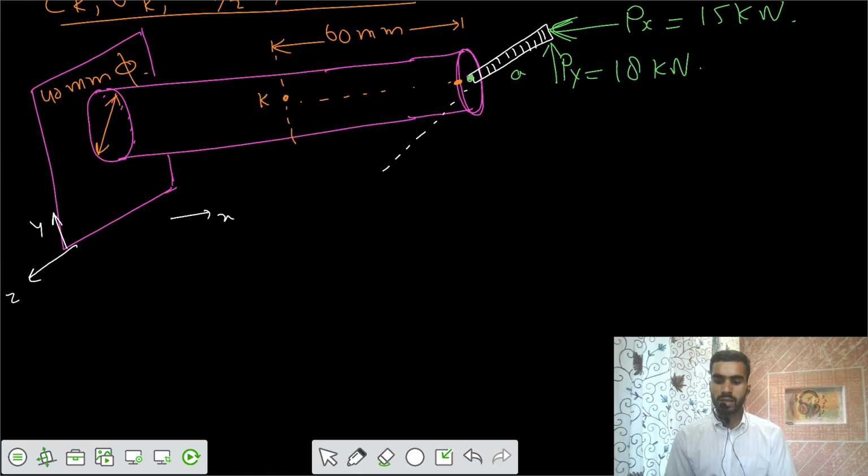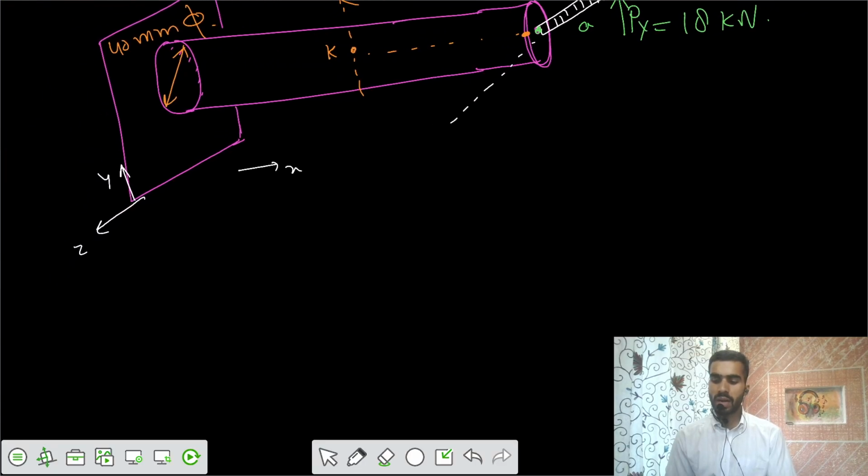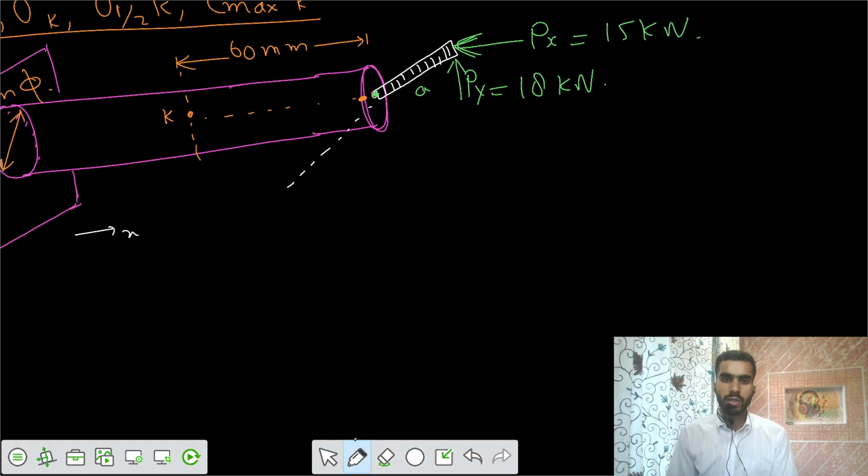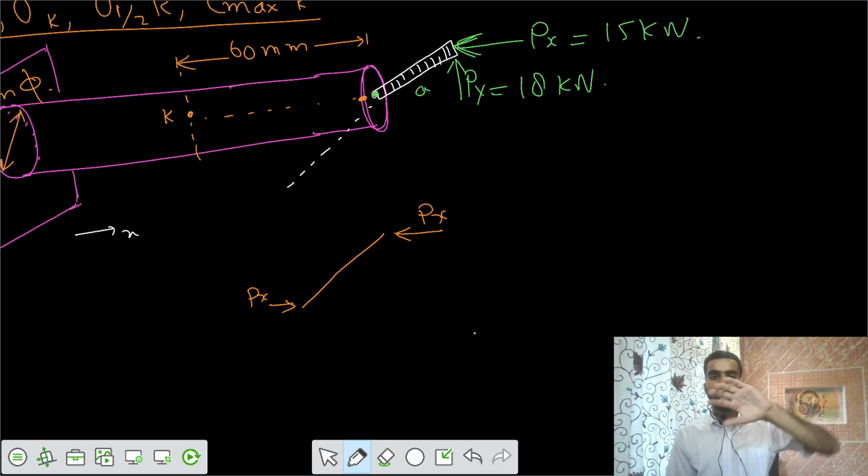Now let's take the bending moment first. This is your plate along the z direction, and you are applying load in the x direction, Px. There might be some resistance here, because it's trying to bend this bar. About which axis is it trying to bend the bar?